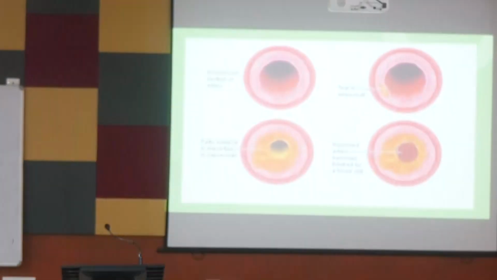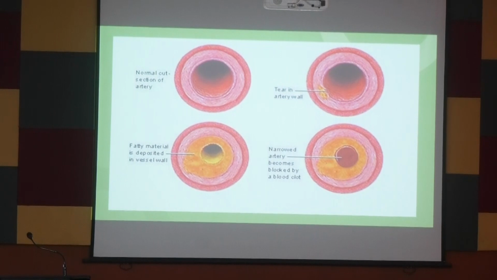It means the stasis of the blood, the flow of the blood is slowed down, and with the slowing of the blood flow, along with the intimal break and the free radical injury, platelet thrombi begin to accumulate in the intimal layer, and there is formation of thrombi. So the narrowed artery becomes blocked by a blood clot. This is known as atherosclerosis.